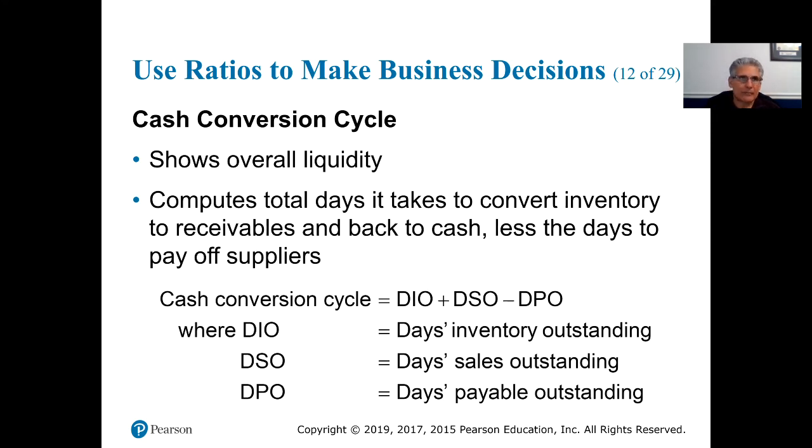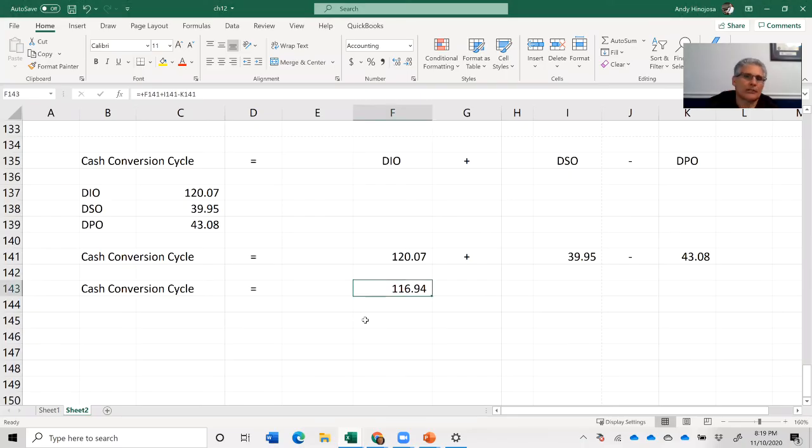Because we've got to spend money initially in order to sell a product, and when that cash comes in, we're made whole again. So the cash conversion cycle tells us how long it's taking us between the time we have to push out cash and the time that money comes back in. And in this example here, it's taking 116.94 days.